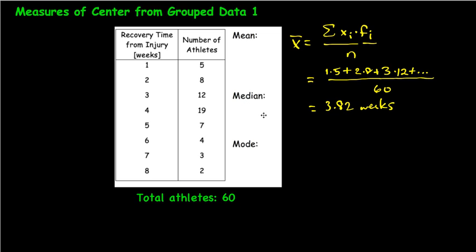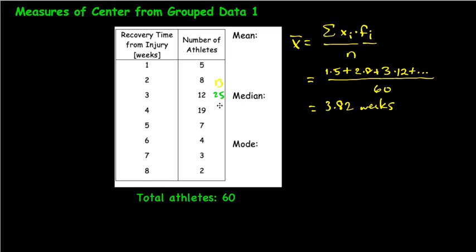Our median is going to be the interval that contains the middle value. There are 60 athletes, so to find the median, we do the average of the 30th and 31st data values. Let's count up cumulatively. We've got 5, plus 8 is 13, plus 12 is 25, and then 19 in this next interval.